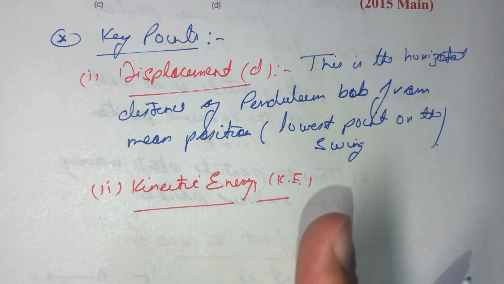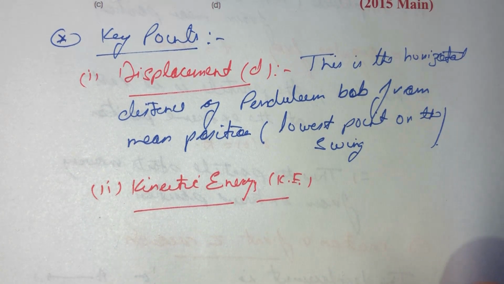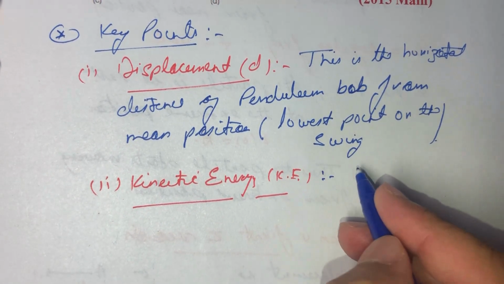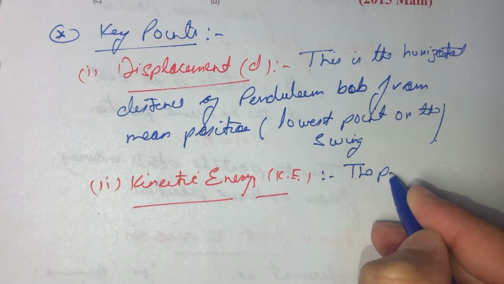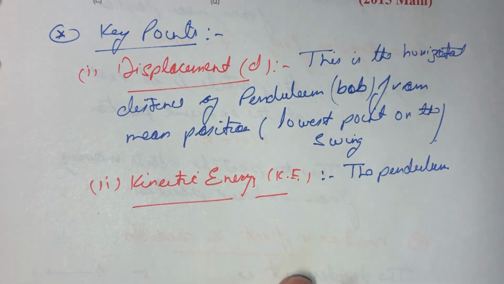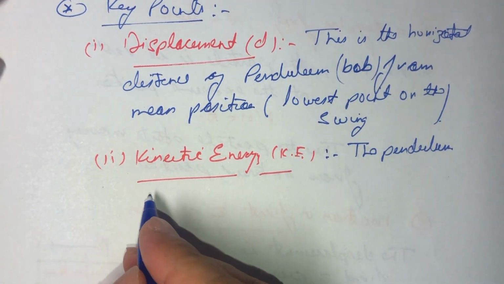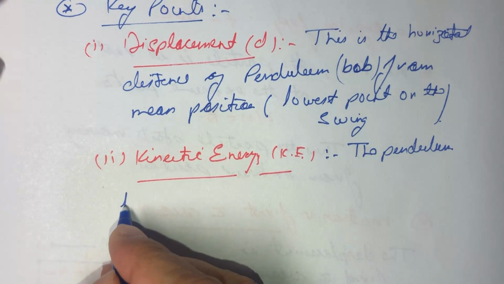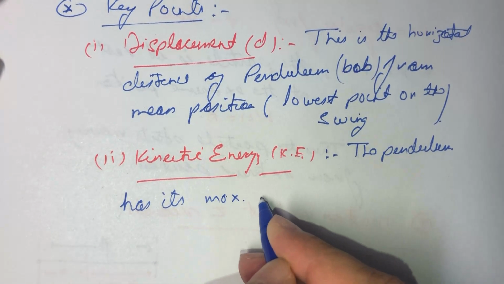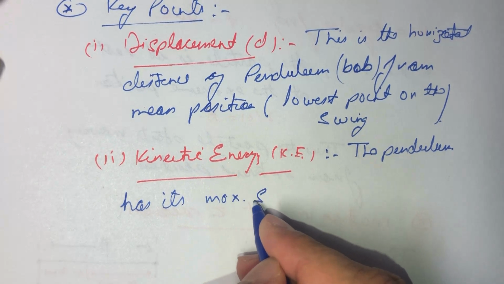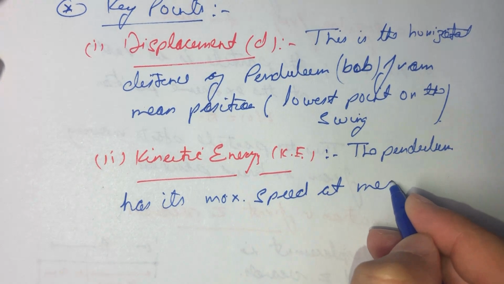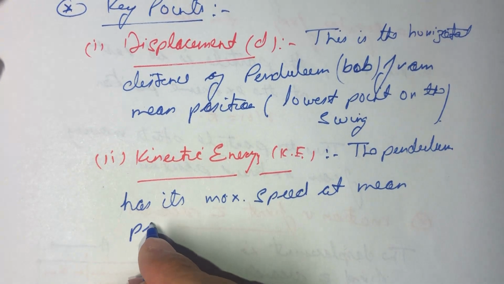Extreme position can be to the right as well as towards the left. Here pendulum means nothing but a bob. The pendulum has its maximum speed at mean position.